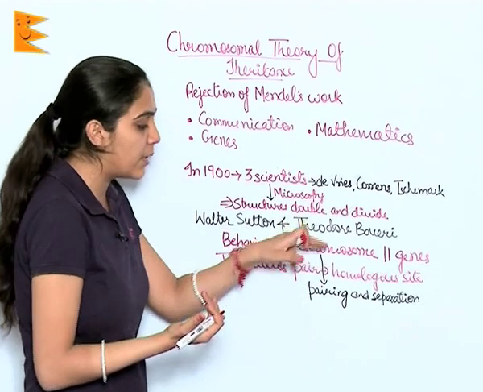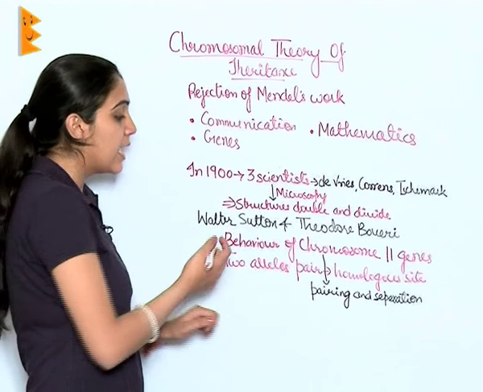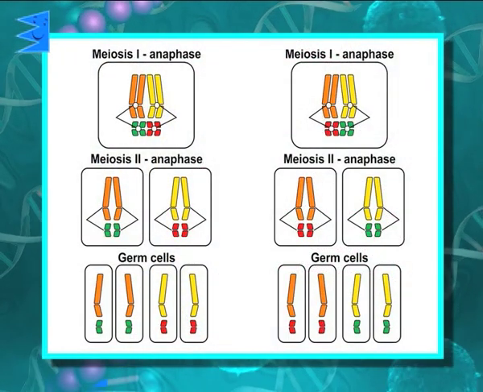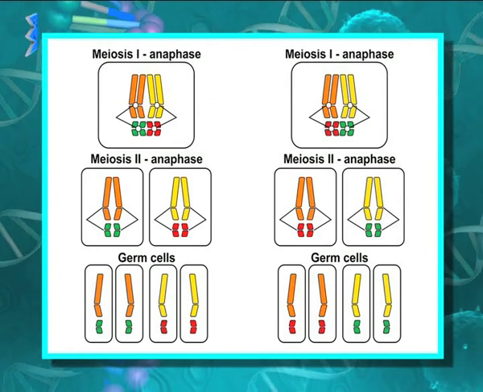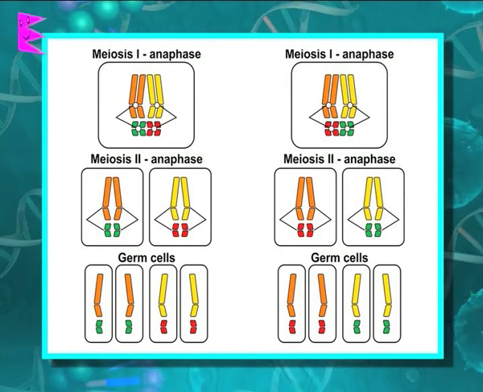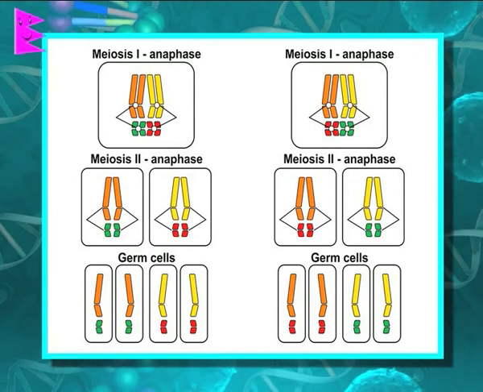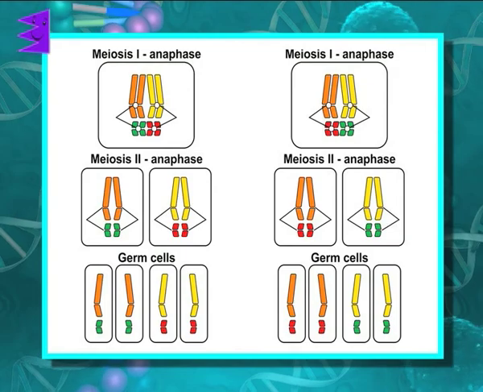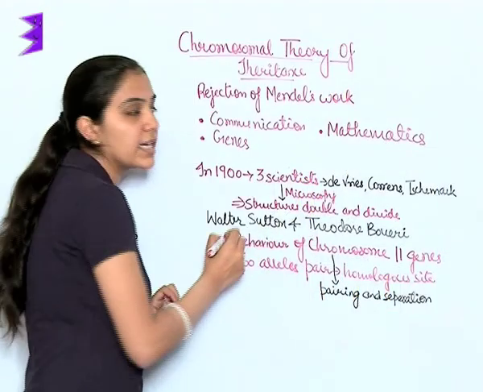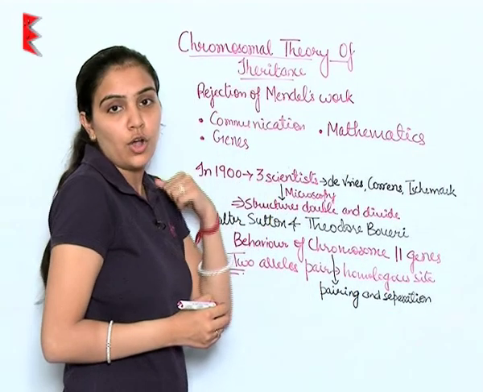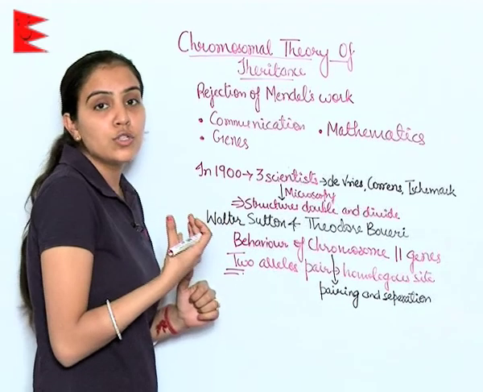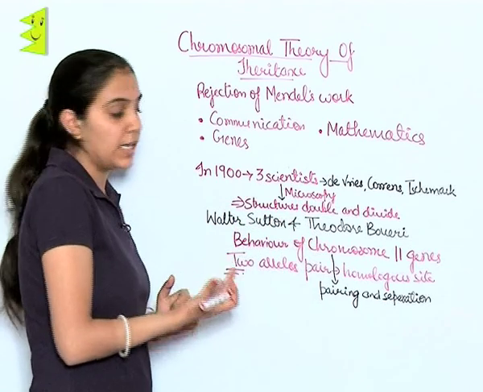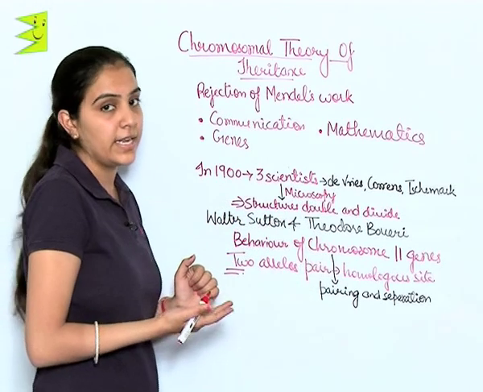They observed the pairing and separation of chromosomes, and concluded that two alleles of a pair are present on the homologous sites of homologous chromosomes, and that chromosomes are doubled and divided just before cell division. Thus Walter Sutton gave us the chromosomal theory of inheritance, that is, chromosomes are the carriers of genetic material. Chromosomes carry the genetic material, hence they are the basis of inheritance.